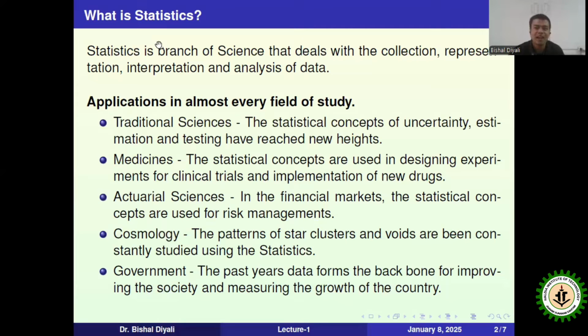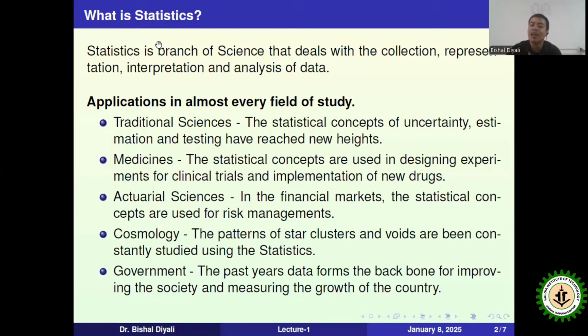And there is a concept of statistics called clustering, hierarchical clustering, k-means clustering, and every time we look into the sky, the researchers always try to look for the clusters, galaxy clusters, voids, small clusters, large clusters.